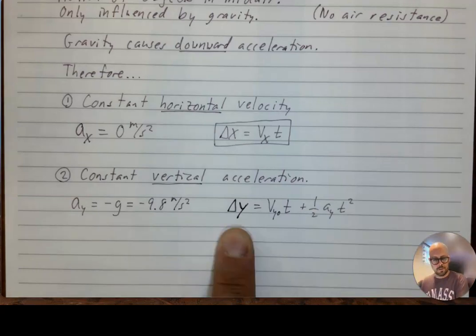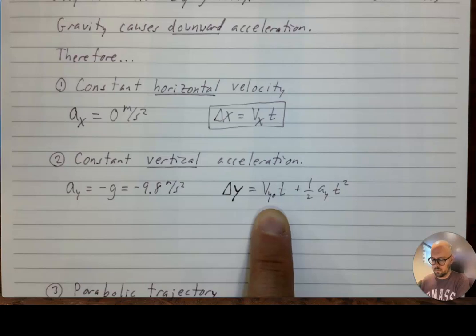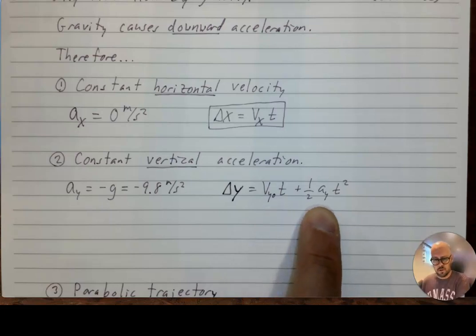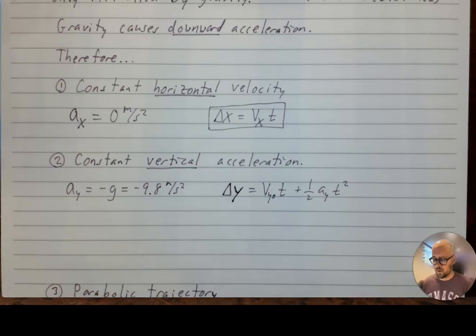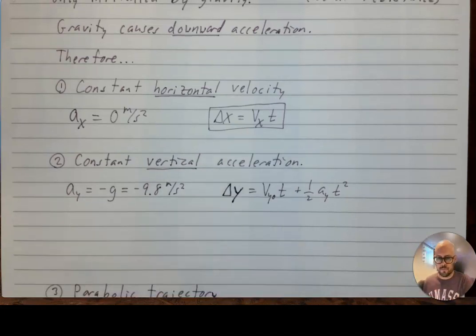So the vertical displacement is equal to the initial vertical component of the projectile's velocity times time, plus 1/2 times the acceleration in the y direction times time squared. Vx and Vy naught I'll explain in the next video.